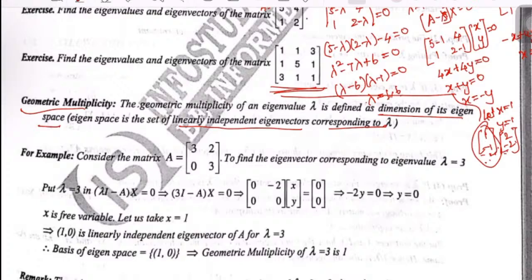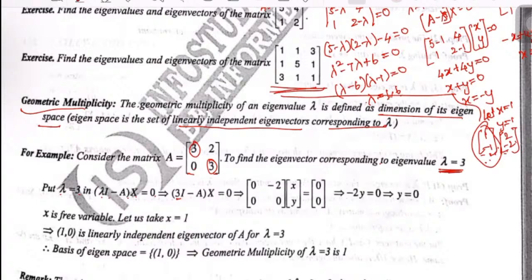Now for example, consider the matrix 3 2 0 3. We need to find the eigenvector corresponding to the eigenvalue 3. Here, since this is an upper triangular matrix, the eigenvalues are the diagonal elements themselves. So if we put lambda equal to 3, (A minus lambda I) x equal to 0.